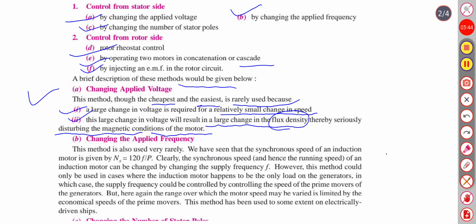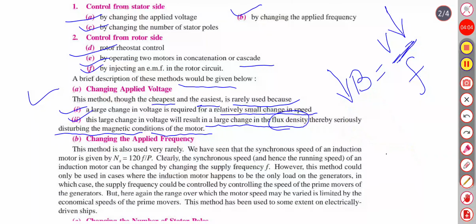We know that the flux density in a three-phase induction motor, B, is proportional to the applied voltage divided by the frequency of the supply voltage. So if we reduce the applied voltage, ultimately we are reducing the flux density.